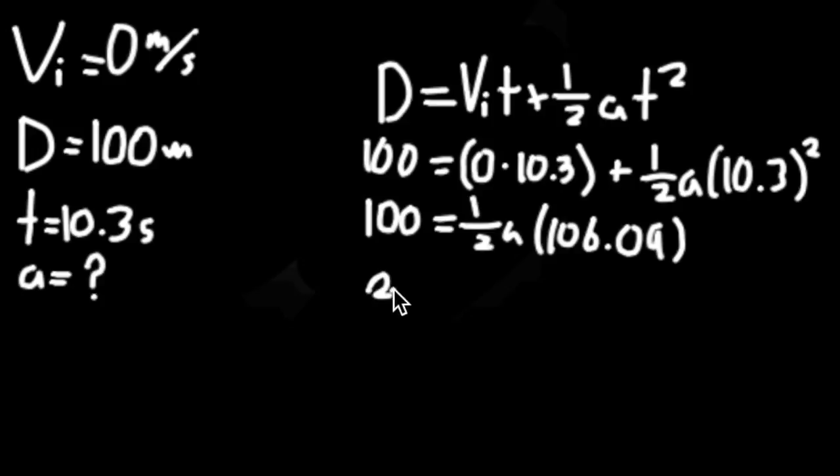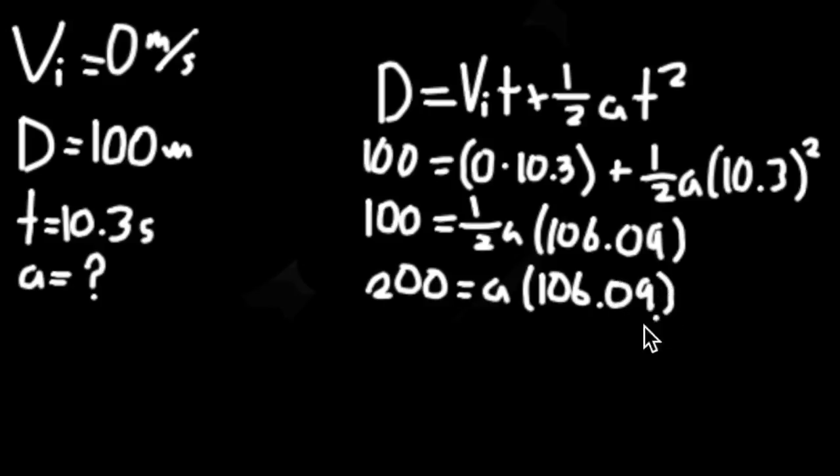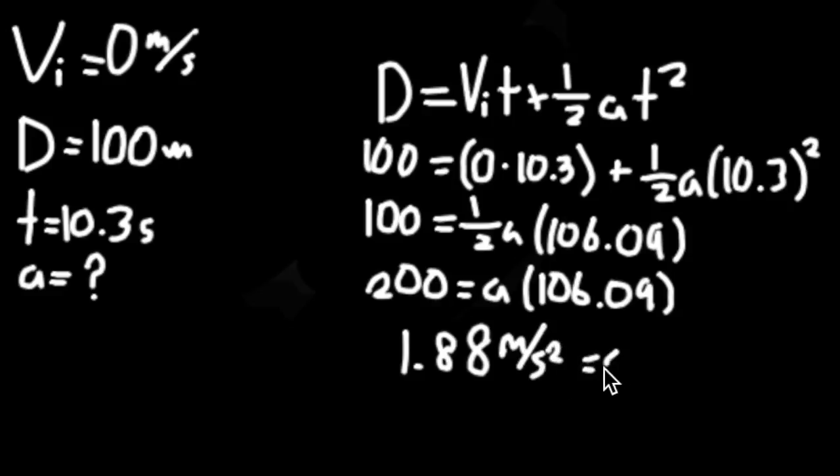After that, we can start off by dividing 100 by 1/2 to get 200 equals acceleration times 106.09 seconds squared. And finally, we can divide 200 by 106.09 to get the acceleration to be equal to 1.88 meters per second squared, which is the acceleration of Jesse Owens in his world record-setting 100-meter dash.